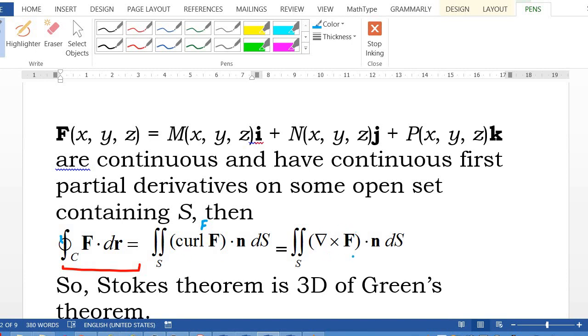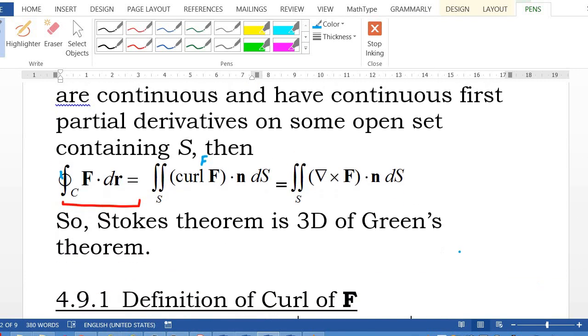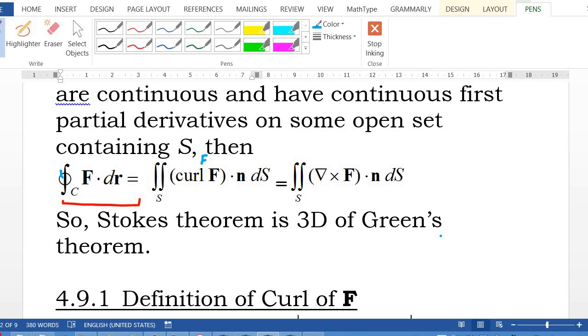Now the F becomes curl of F. So you have one more step: you find the curl of F first. Later on, you dot with the unit normal vector of your surface S. dS is 1 unit of the surface S. So Stokes' theorem is actually the 3D version of Green's theorem. Remember, Stokes' theorem is the 3D version of Green's theorem.